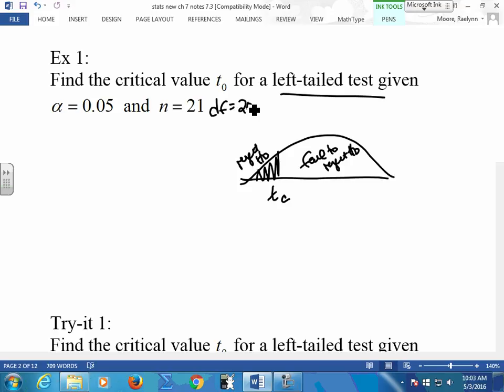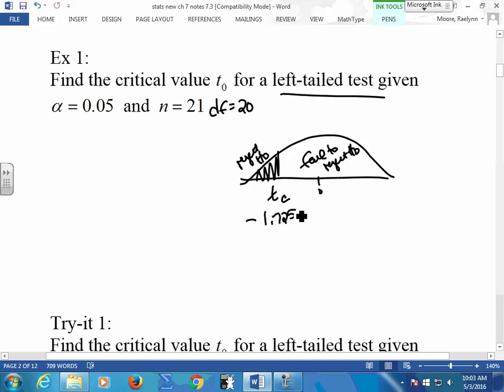And pull out that value from it. Degrees of freedom 20. Follow your one tail all the way down. So what do we get? 1.725. And since it's to the left of 0, it'll be negative 1.725.